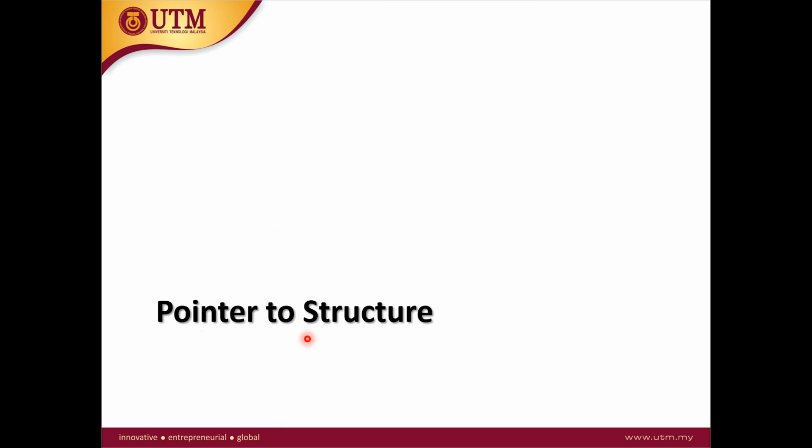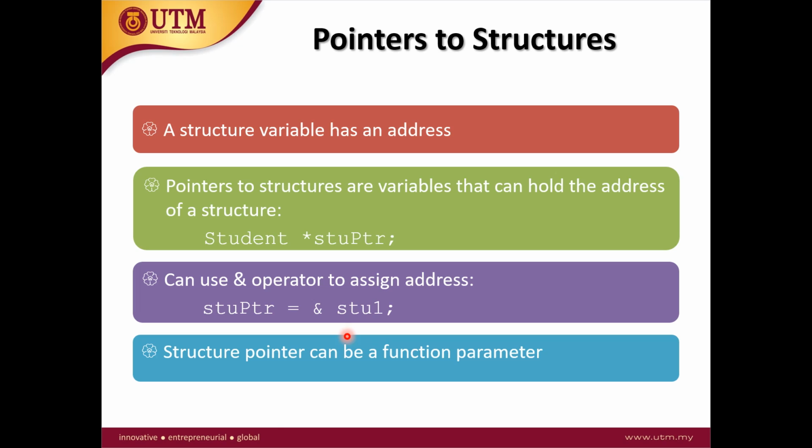And pointer to structure. We know that we've got a pointer to a normal variable, but we can even have a pointer to a structure variable. A structure variable has an address. Pointers to structures are variables that can hold the address of a structure. As we know, if you use a pointer, that means we are accessing the address of that variable.